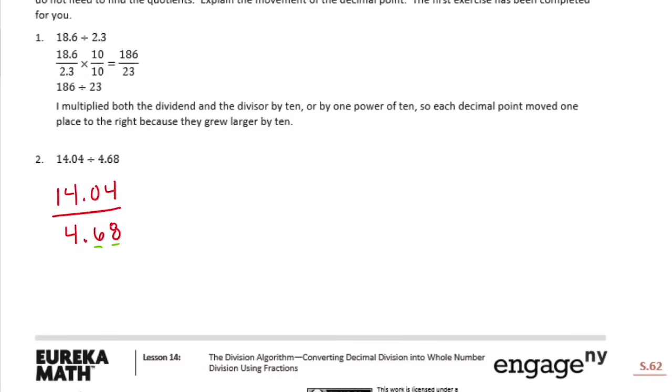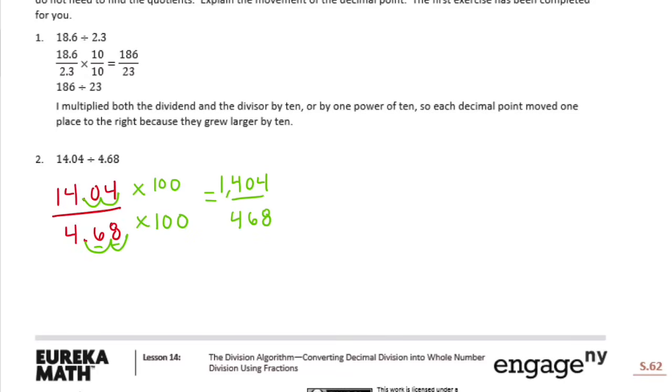So in order to do that, we need to move the decimal point 2 places, which means that we would be multiplying by 100. And what we do to the divisor, we need to do to the dividend. So we would get 468. And if we move this 2 places, we would have 1,404. So our new division problem would be 1,404 divided by 468.